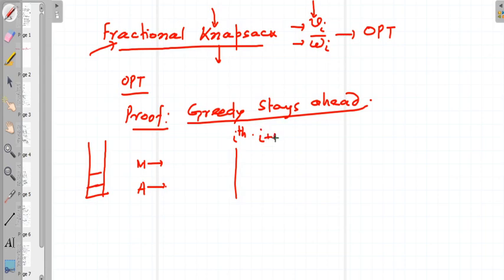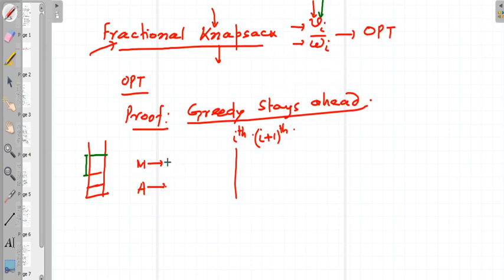In the I plus 1th iteration, if we look at the greedy algorithm, that means the VI by WI ratio, for filling up the remaining capacity we are taking the next VI by WI ratio, which is the maximum.